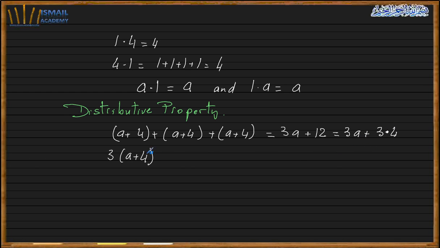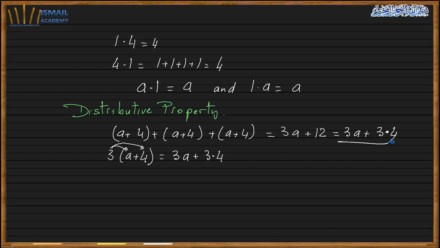So instead of using the addition by expanding, if they give me this notation, 3 times a number, instead of using the expanded notation by adding 3 numbers, what we do is we just multiply 3 times a, and I multiply 3 times 4.